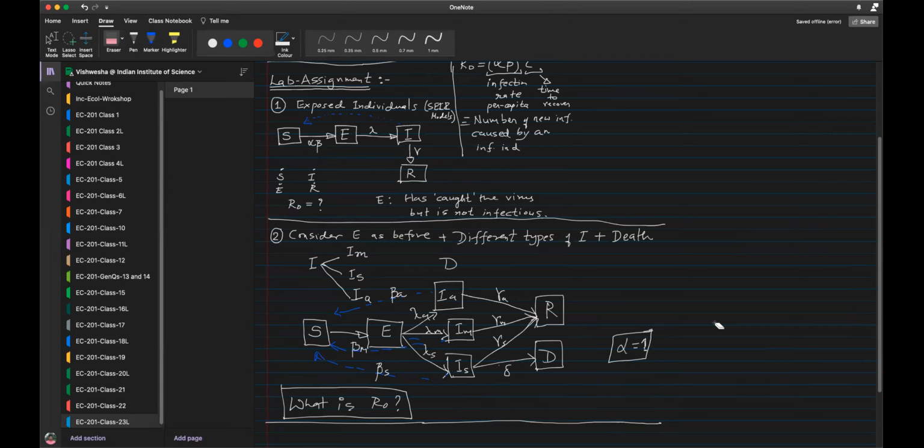I will tell you why some of these are actually useful. Just in the context of the current disease, COVID itself, as we know, asymptomatic people basically require no treatment at all, whereas mildly infected people require some treatment, right? And in fact, if you look at models of COVID-19, they also have a compartment called hospitalized.